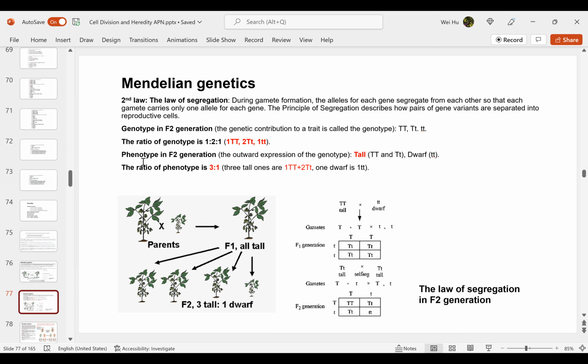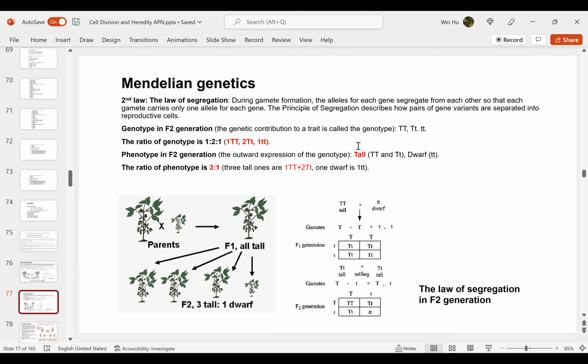And what's the phenotype? Phenotypes are what show up, the expression, right? So you have the dominant phenotype, which is tall, and the recessive phenotype, which is short. Who shows tall? Big T, small t.